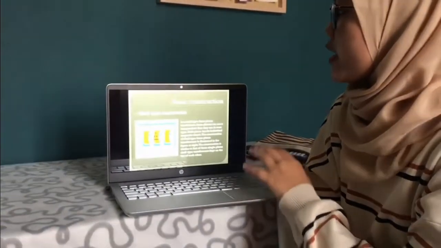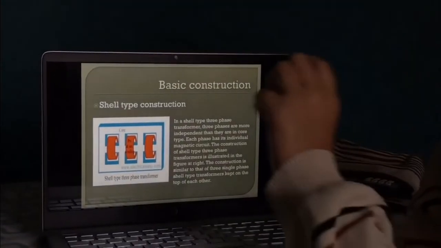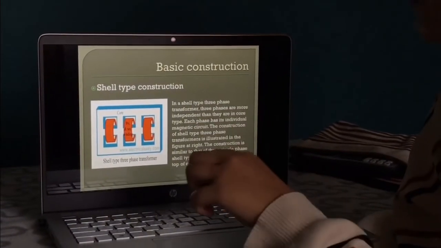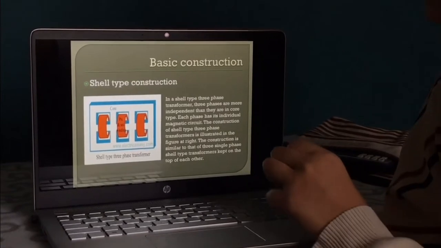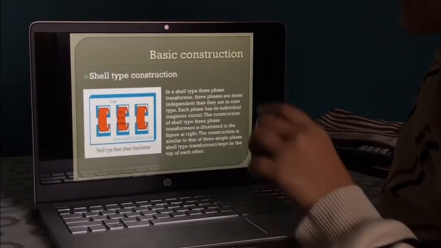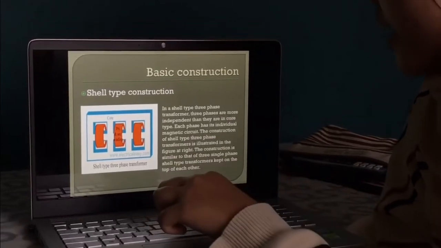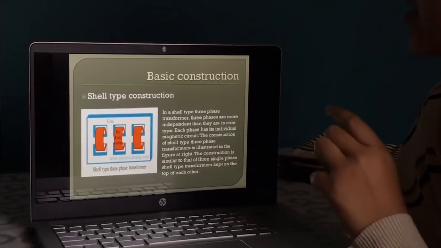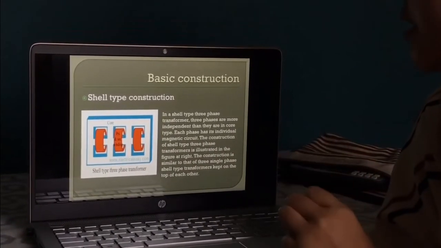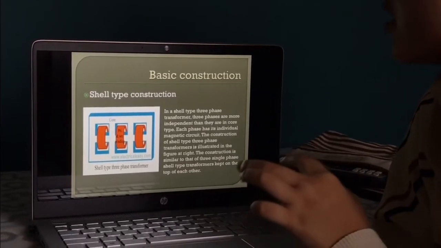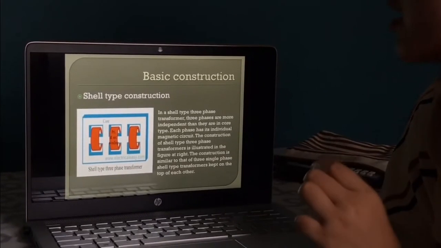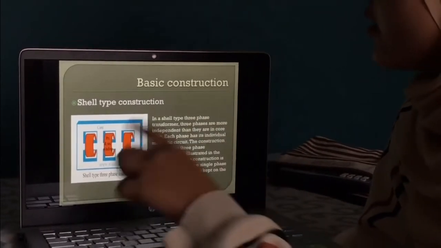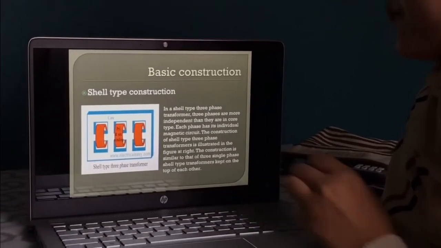Next we are talking about the shell type construction. As we can see in the shell type three-phase transformer, the three phases are more independent than they are in the core type. Each phase has its individual magnetic circuit. The construction of the shell type three-phase transformer is illustrated in this figure.